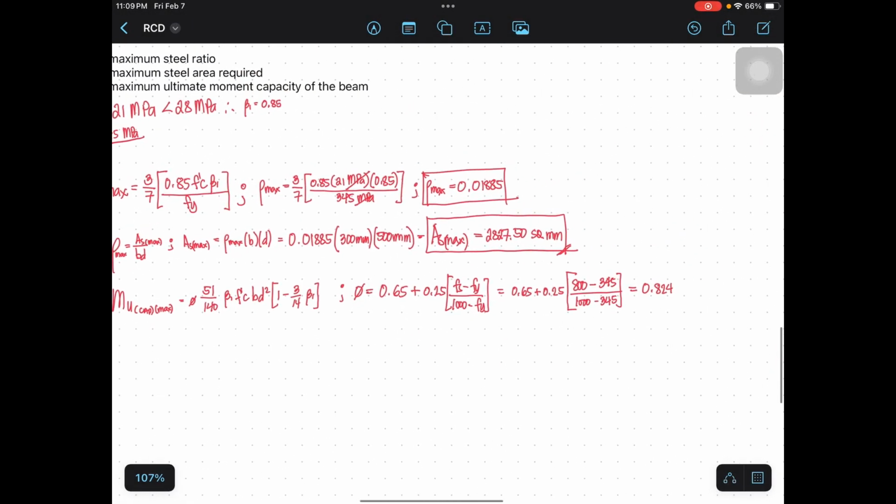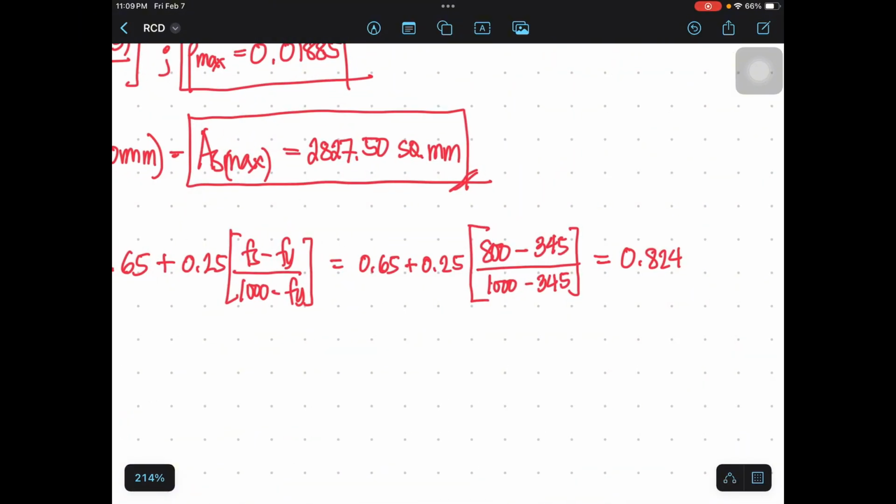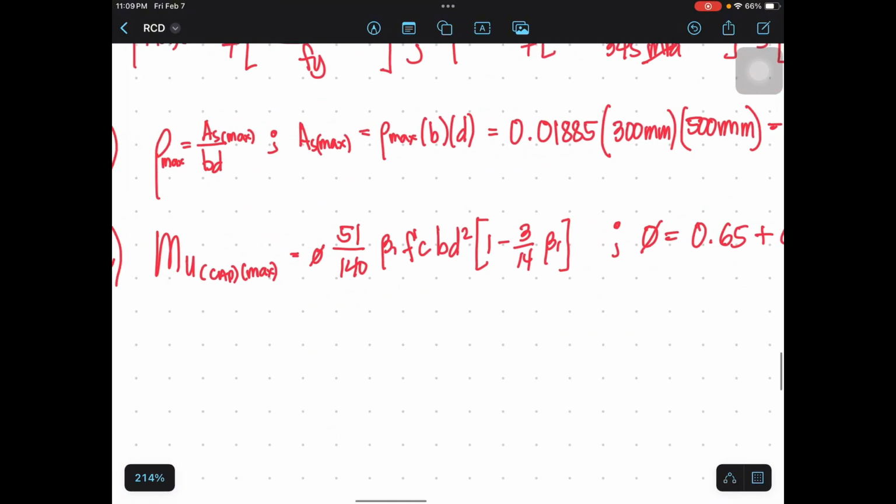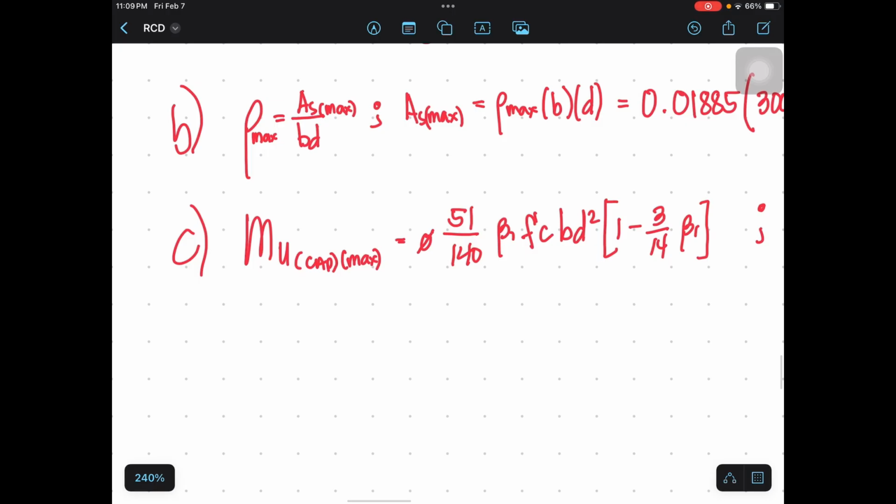So, after we compute the reduction factor, we can now compute the ultimate moment capacity of the section.